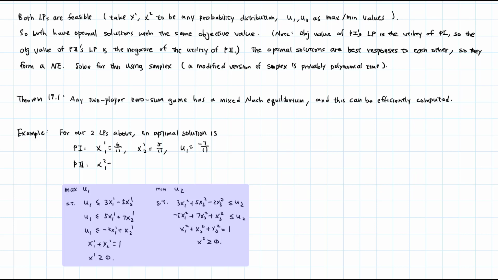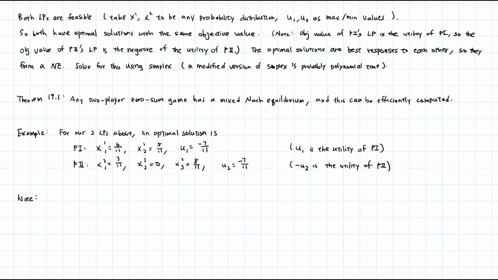And for player 2, we have 3/11, 0, and 8/11, and U2 is minus 7/11. U1 is the utility for player 1, and minus U2 is the utility for player 2. And you can use support characterization to verify that these are best responses to each other, and therefore they form a Nash equilibrium.